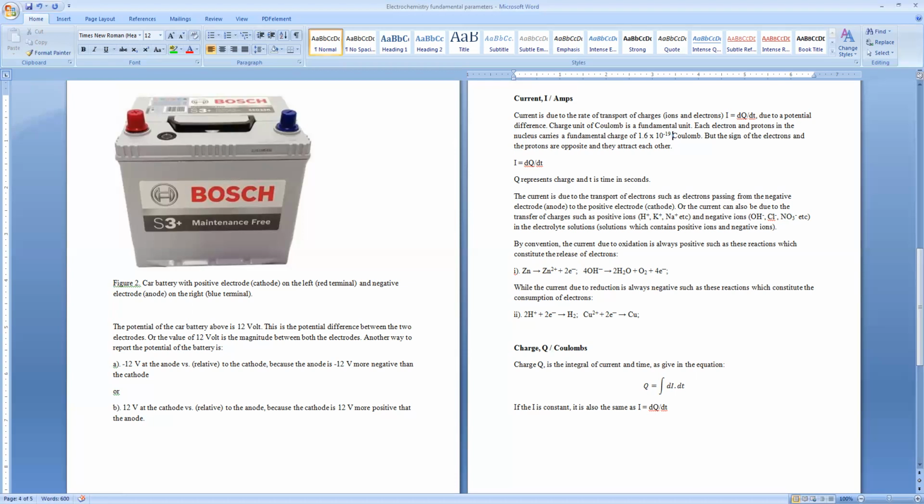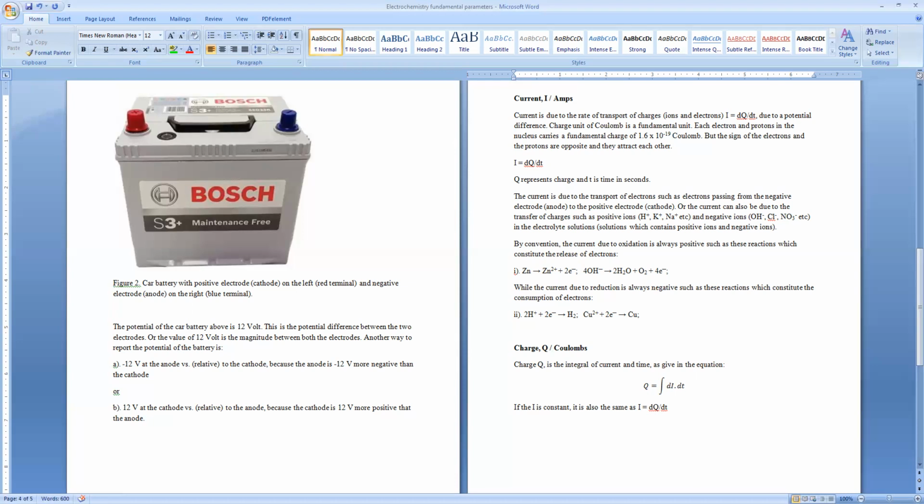This electrolyte only consists of ions, meaning the electron cannot penetrate into the electrolyte solution. This solution is mostly in liquid form. You have ions like potassium ion, sulfate ion, nitrate ion, chloride ion, or sodium ion.